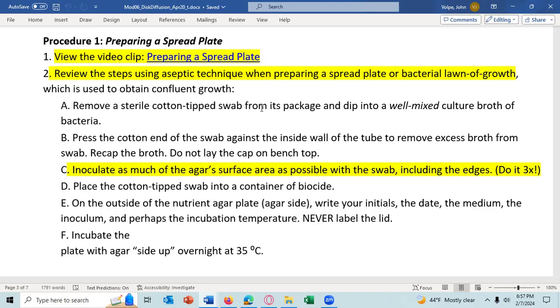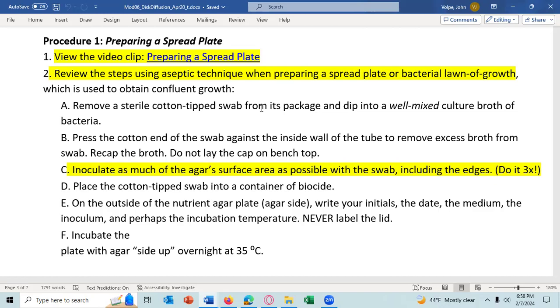Then you rotate the cotton swab a fourth of a turn, you rotate the plate a fourth of a turn, and once again you swab everywhere on the plate, putting the bacteria everywhere. I'm not doing a very good job, but you're getting the idea.